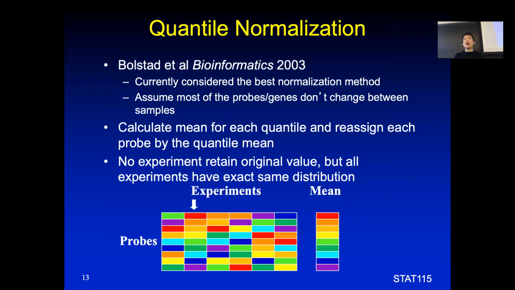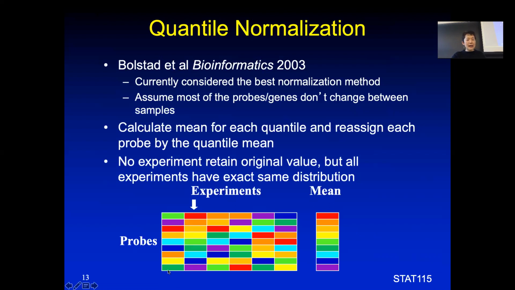We assume on this array, the majority of the things are comparable or are the same. And we'll make sure that every array has the identical distribution of the probe values. And the nice thing there is, initially when you only have 6 samples or 10 samples, if you add a new sample, let's just say you already have 10 samples, you add an 11th sample, you'll need to recalculate this mean because now the average from the 11 numbers is different from the previous 10 numbers.